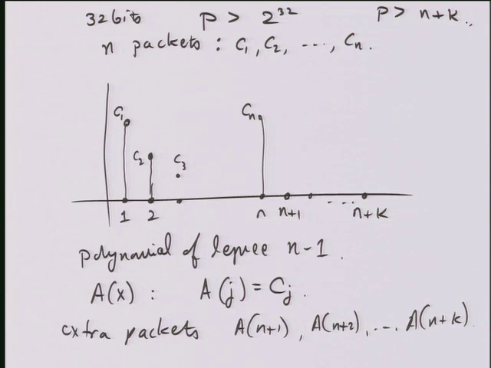On the other hand, in principle, if you're thinking conceptually, this is all you need to know. All that extra work just goes into putting in the bells and whistles, which make this scheme much, much more efficient, both in terms of encoding the packets as well as decoding and reconstructing the packets which are missing. You can do everything in nearly linear time and in such a way that you can do it on the fly.